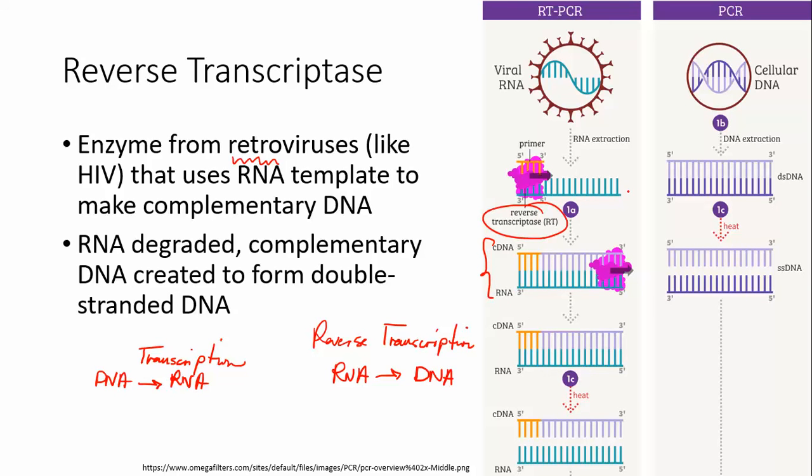It's basically taking this RNA and building a complementary DNA, which is this top strand. Then reverse transcriptase can run back over it again and replace the RNA with DNA. So then after that, you're going to have double-stranded DNA. So you can use that for RT-PCR, which is reverse transcriptase PCR.